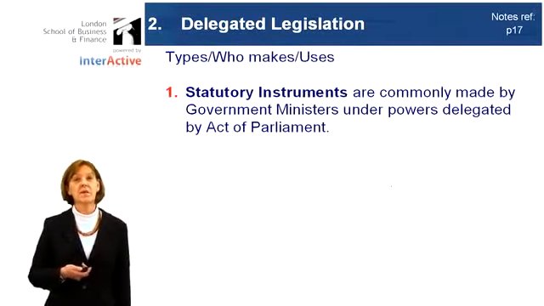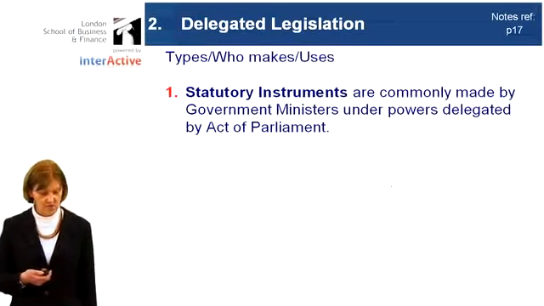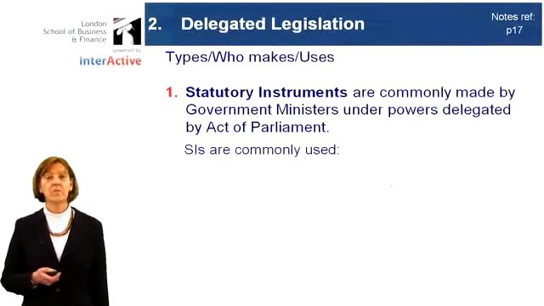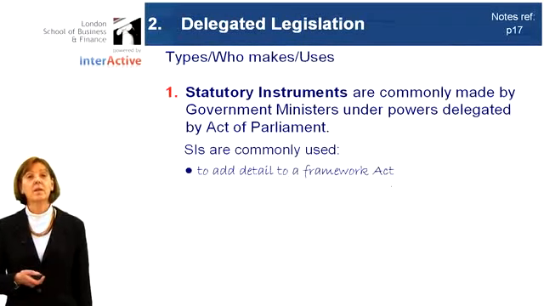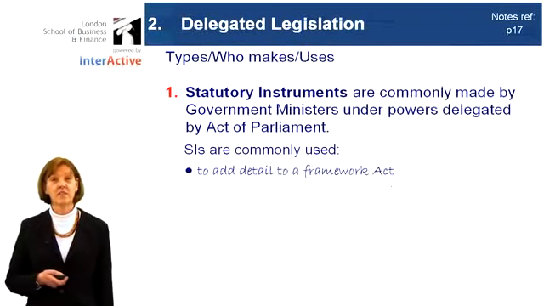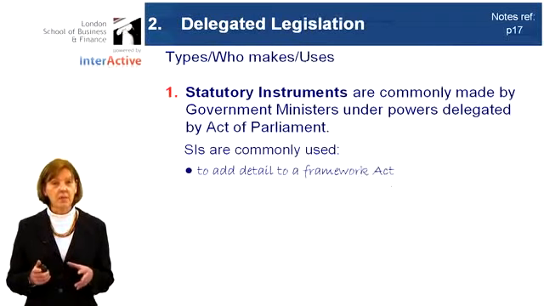So let's add in some purposes, some uses of statutory instruments. What are they commonly used for? Firstly, to add detail, often highly technical detail, to a framework Act of Parliament. For example, the Health and Safety at Work Act of 1974 says that an employer must have a reasonably safe and healthy workplace.